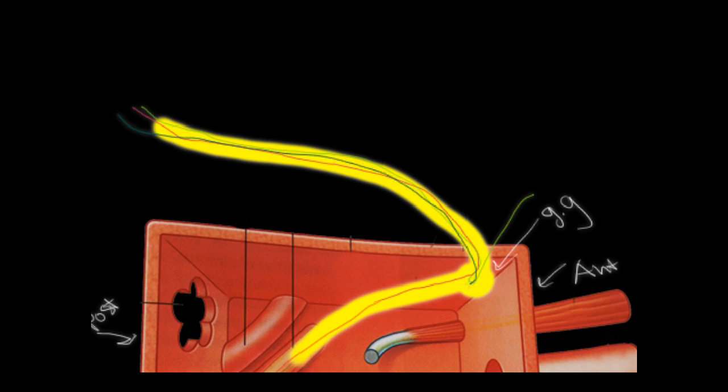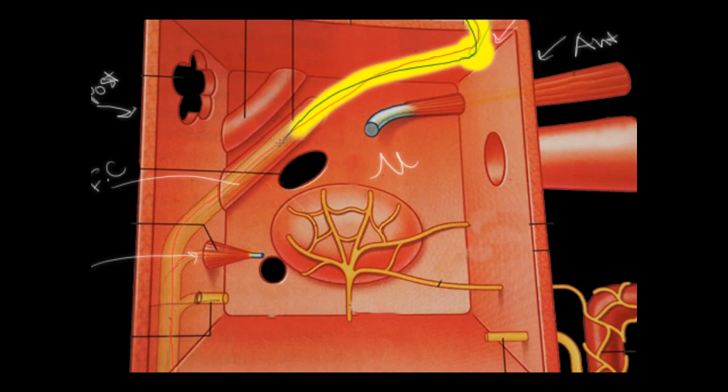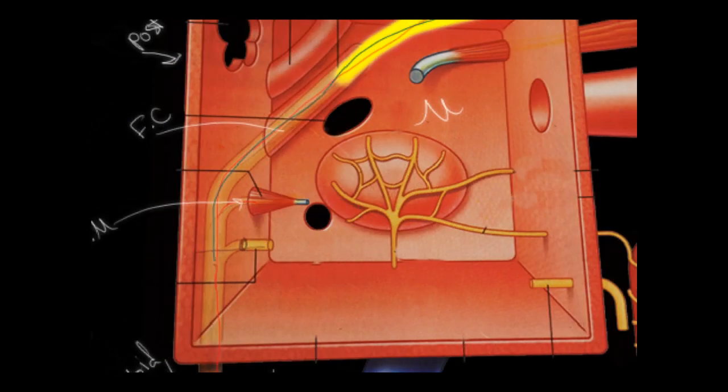It does not synapse in the geniculate ganglion, while entering into the facial canal. From facial canal, now, okay, the medial wall, then the posterior wall, but does not exit through stylomastoid foramen. Rather, it goes to the chorda tympani.